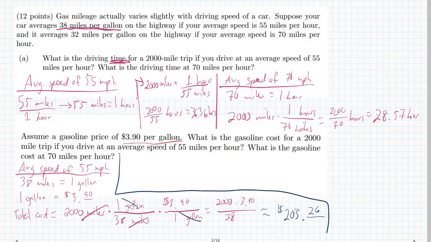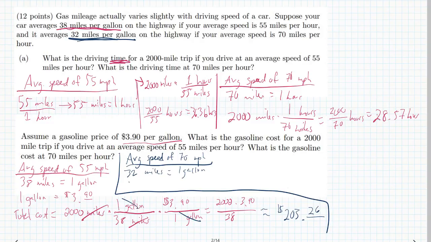Okay. So now if we're doing an average speed of 70 miles per hour, notice the information that we have here is 32 miles per gallon. So in that case, we have 32 miles equals 1 gallon, but the cost remains the same.